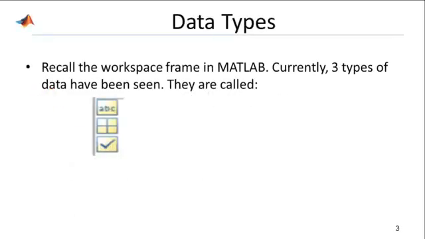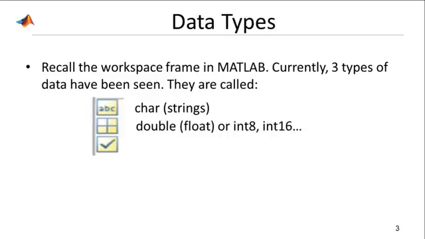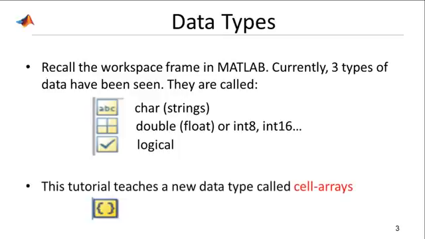Right now, if you recall the workspace, we've seen three types of variables. Strings, in MATLAB called char, doubles, or logical results. But cell arrays will use a completely different new logo, which is the curly braces.